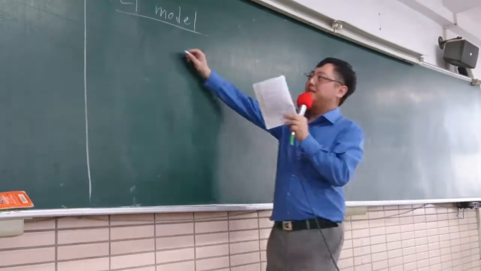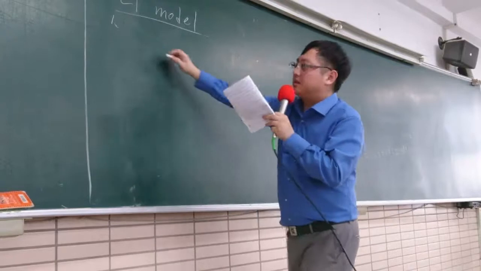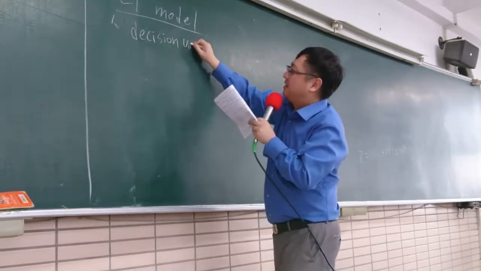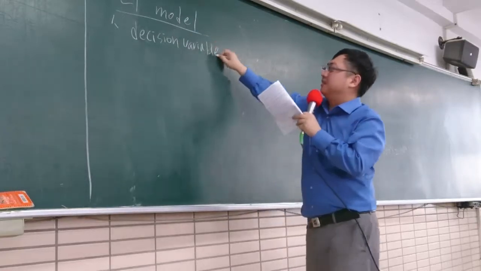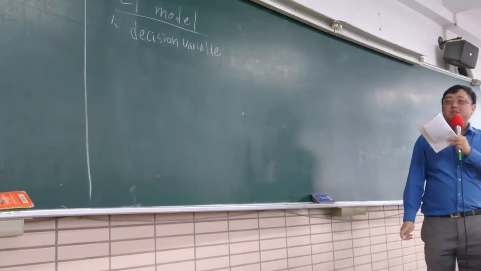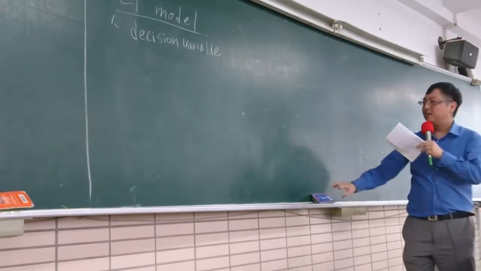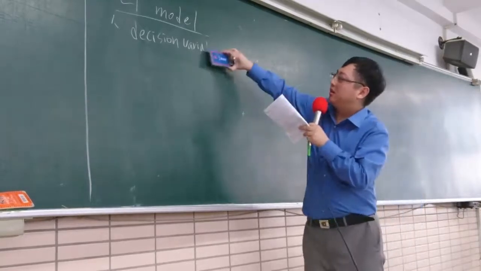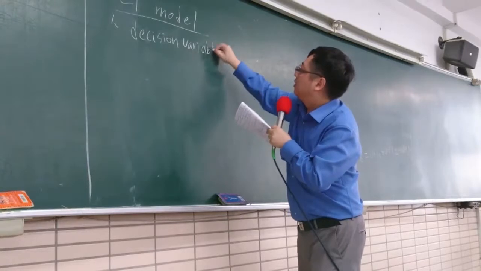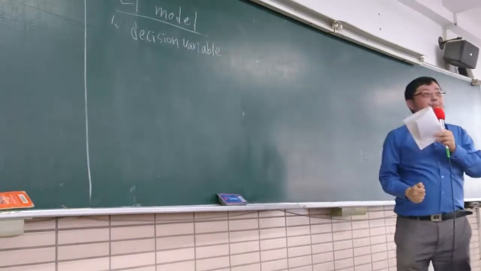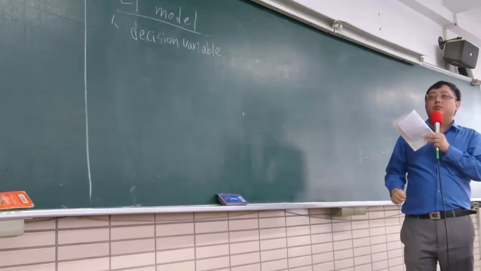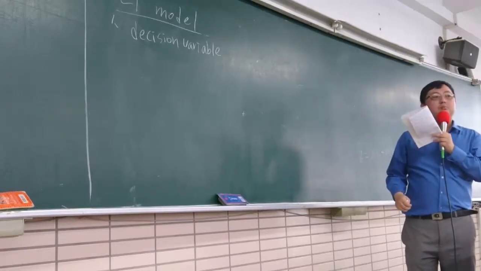The first element of the linear programming model is decision variable. Decision variable in Chinese is 决策变数. If we have two products and we decide how much each product to produce.